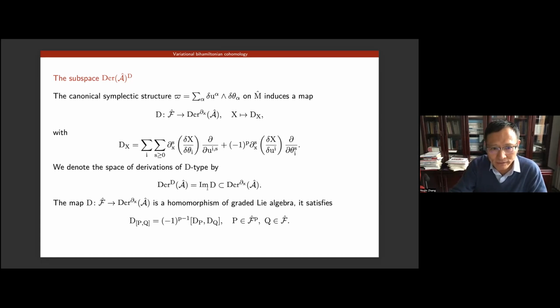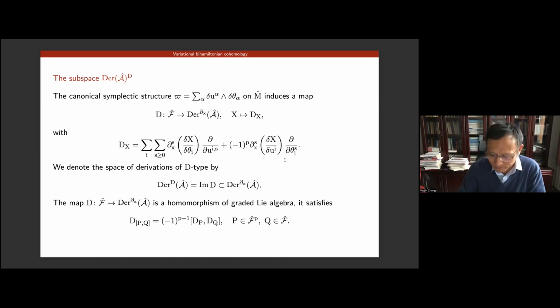The image of this map gives a subspace, and the elements of this space we call derivations of D type. Okay. And this kind of derivation corresponds, in the finite dimensional Poisson manifold, to Hamiltonian vector fields. Okay. So the general derivation corresponds to an evolutionary vector field.